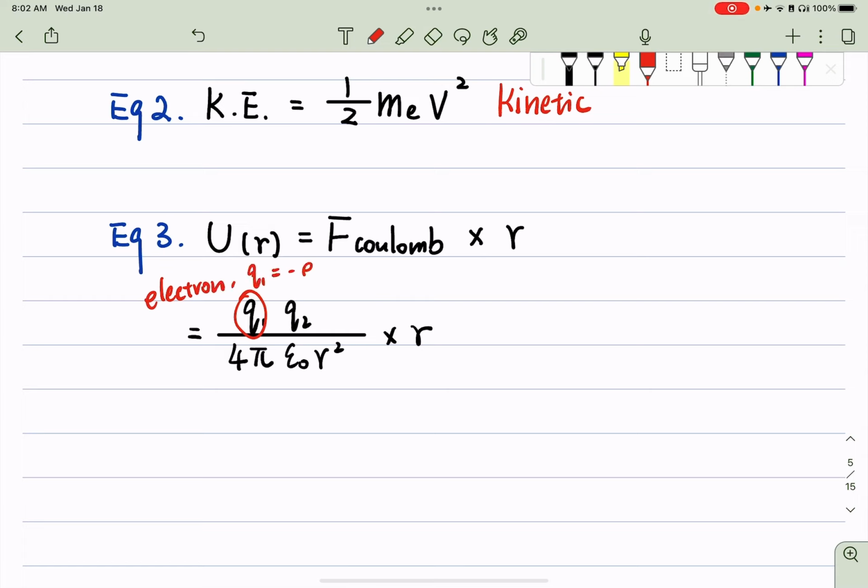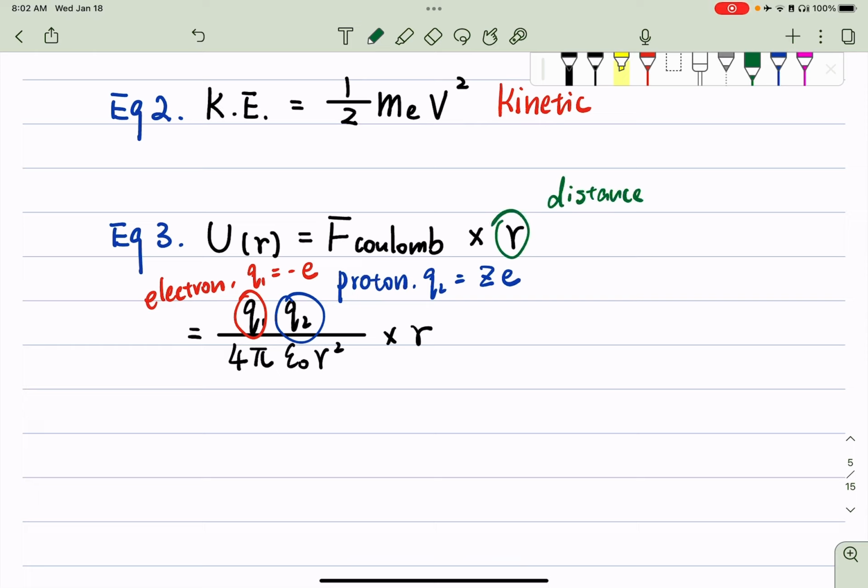And since we know that for the electron, Q1 equals negative e, and for the proton, depending on whether it's a hydrogen or a helium cation or lithium cation, we have Q2 equals Z times e. And in this case, r is the distance between the electron and the nucleus.